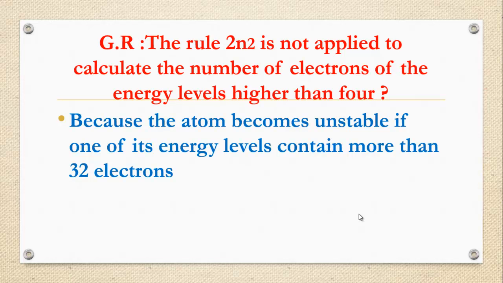This rule is not applied to the O, P, and Q levels. Why? Because the atom becomes unstable after the fourth energy level, or if one of its energy levels contains more than 32 electrons.